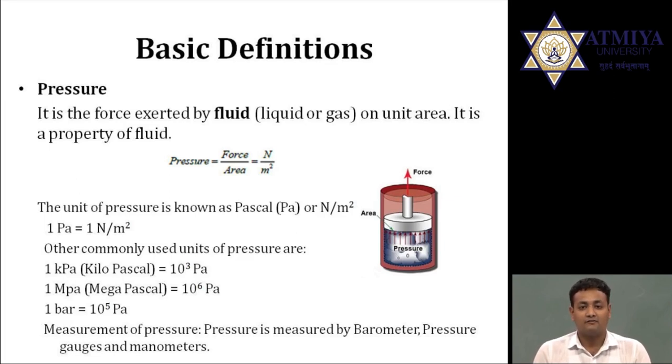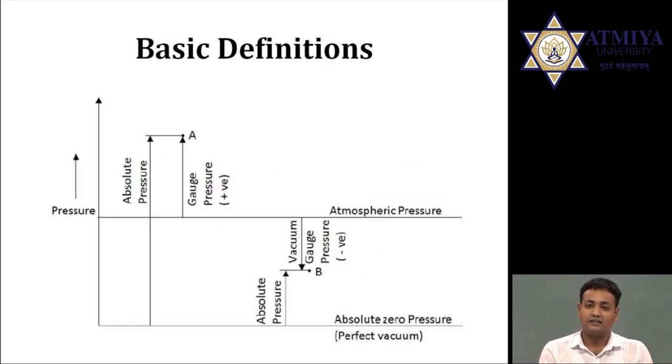These are some of the conversions of the units related with pressure. Kilopascal: 1 kPa is 10^3 Pascal. 1 megapascal is 10^6 Pascal. And 1 bar is equal to 10^5 Pascal. The measurement of the pressure is done by the barometer, pressure gauge or manometers.